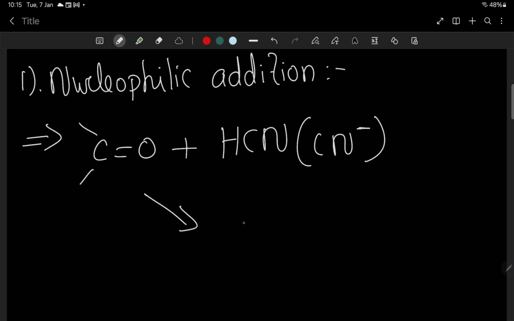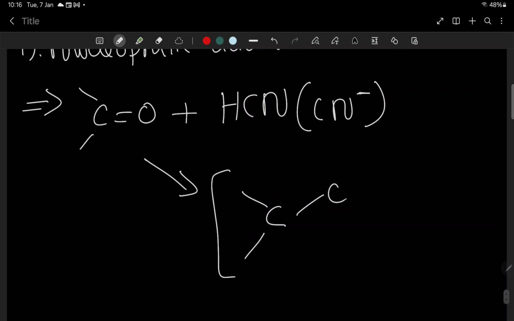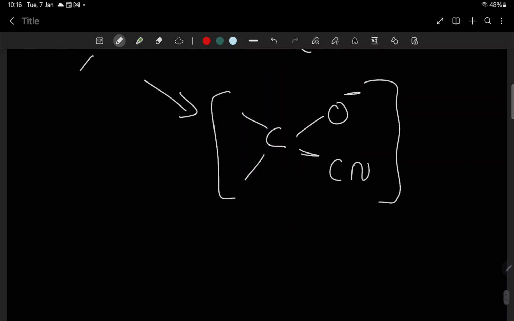In a nucleophilic addition reaction, we always get an intermediate. Here the intermediate is O minus, C, CN. This is a tetrahedral intermediate.